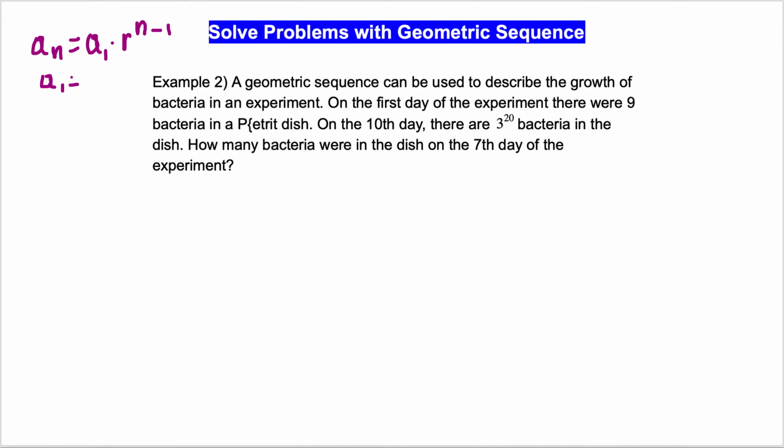But because here we are dealing with 3^20, 9 we can write as 3 squared.